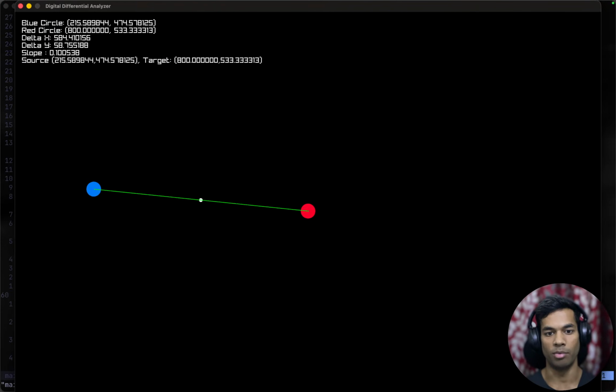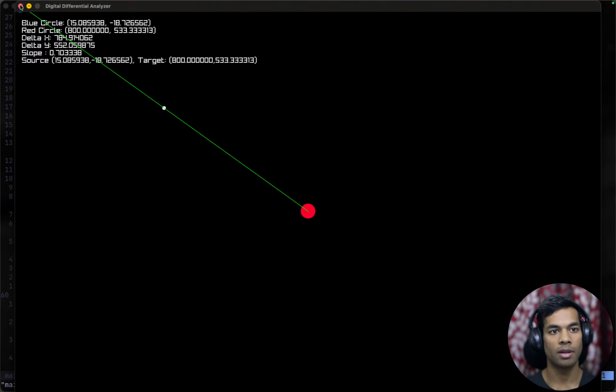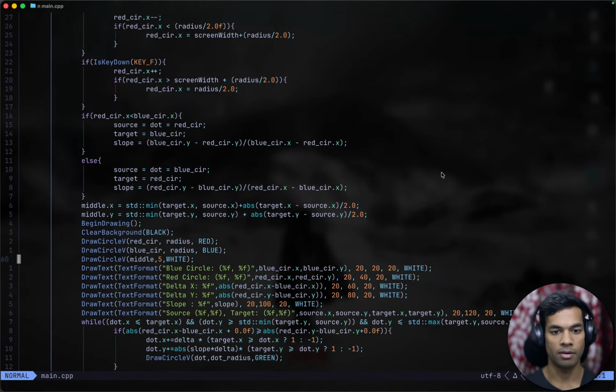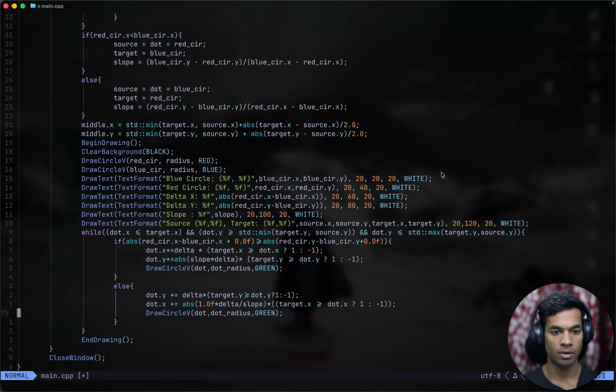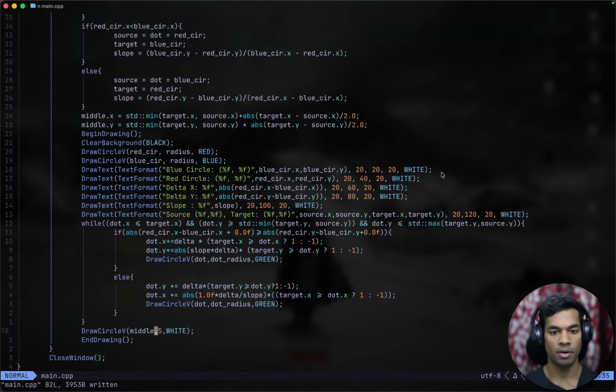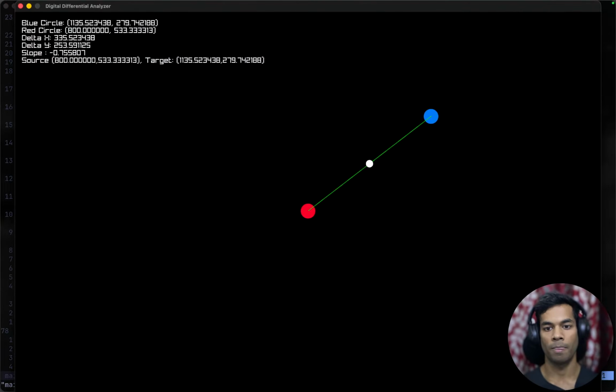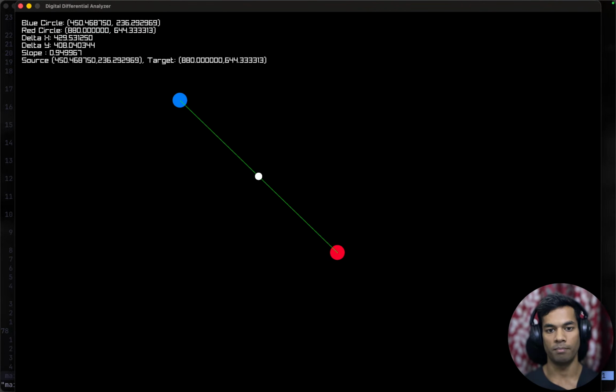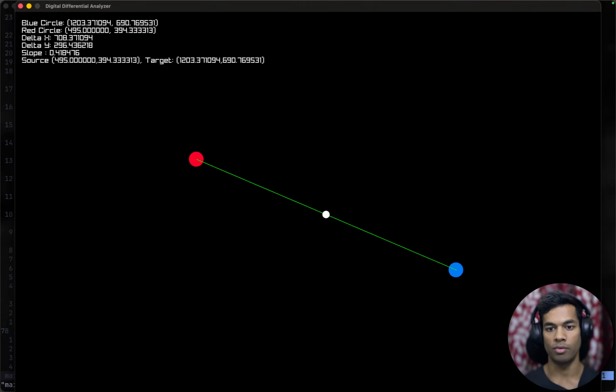Oh, that is the middle point right there. And let's draw this over our line with the higher radius than this. Yeah, that is cool. We do have the middle point.